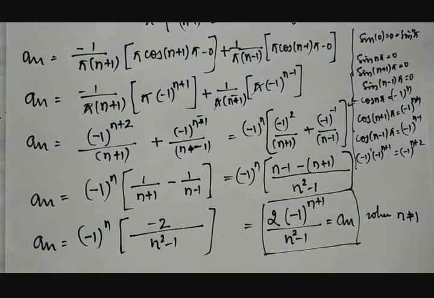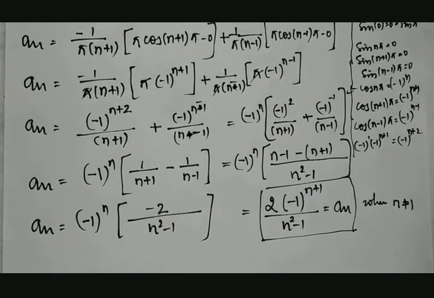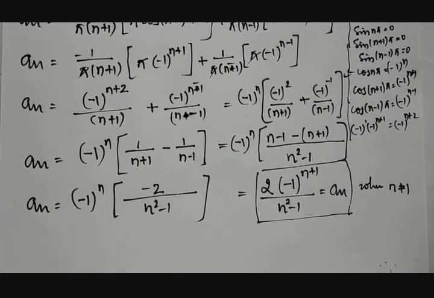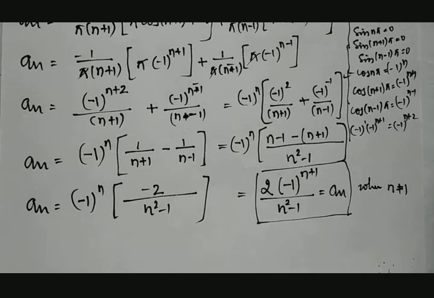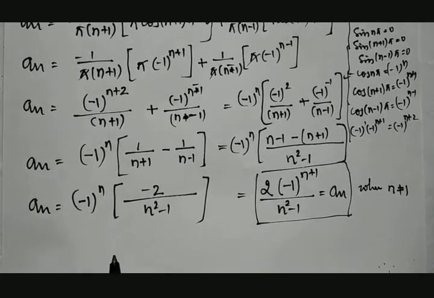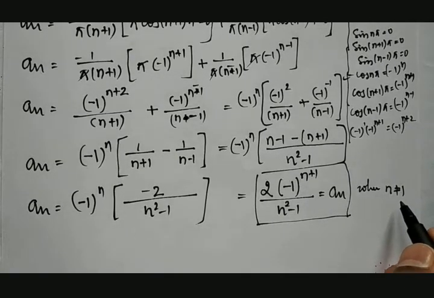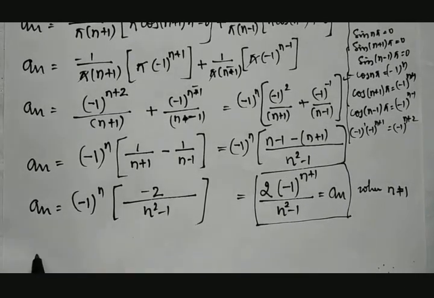Then what to do? We said okay, there is a condition, n should not be equal to 1. But it is not in our hand, because the summation itself says n can start from 1 to infinity. If it is not equal to 1, well and good. If it becomes 1, then what to do?